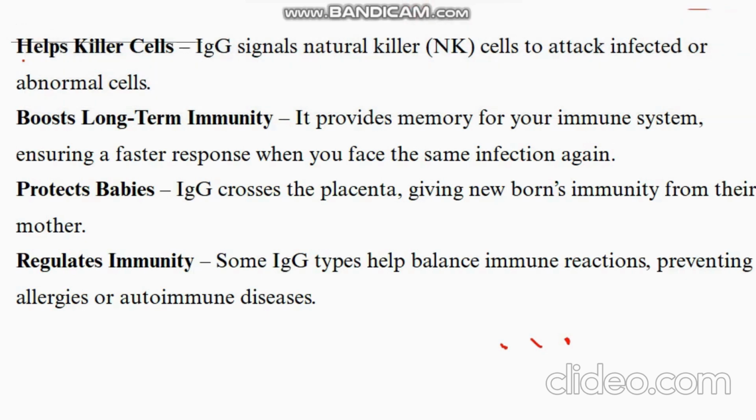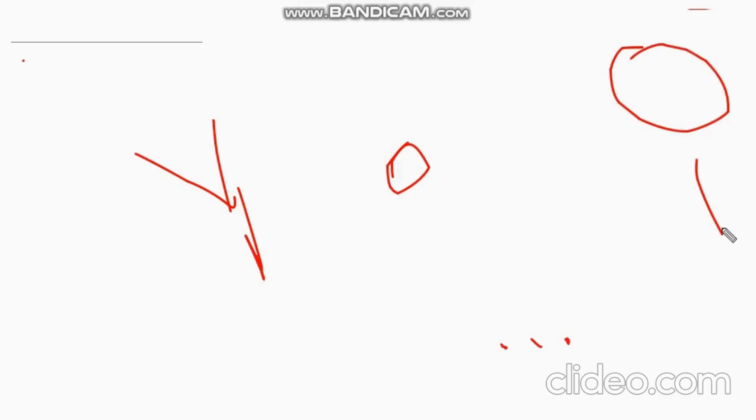Here we can see, suppose here is the IgG antibody, and here is the microbe, and here is the immune cell. Here is the microbe or pathogen.